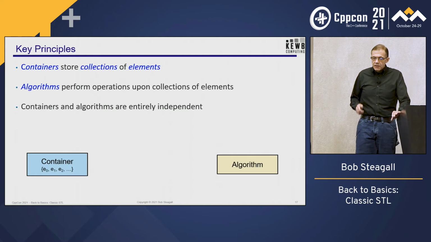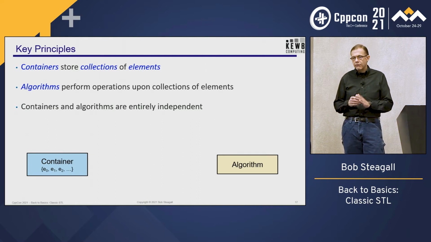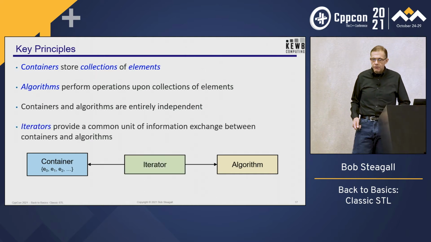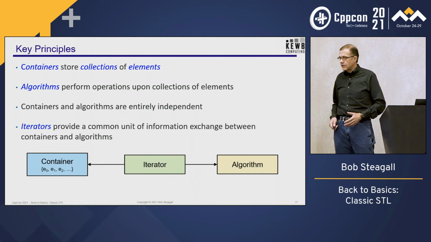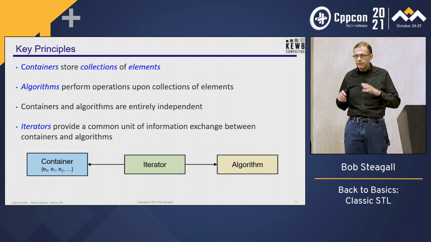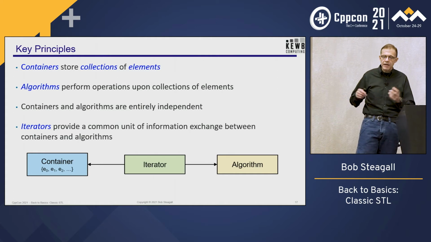So containers and algorithms in STL are entirely independent. The algorithms have no knowledge of the containers, and the containers have no knowledge of the algorithms. And then we have iterators, which I think are the key insight of the STL, because these are abstractions that provide a common unit of information interchange between the containers and algorithms.